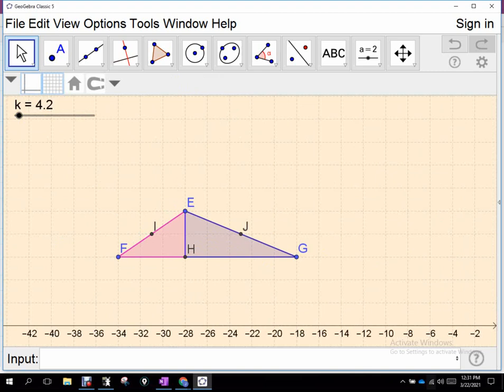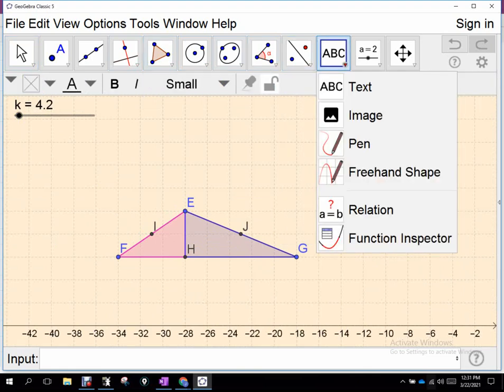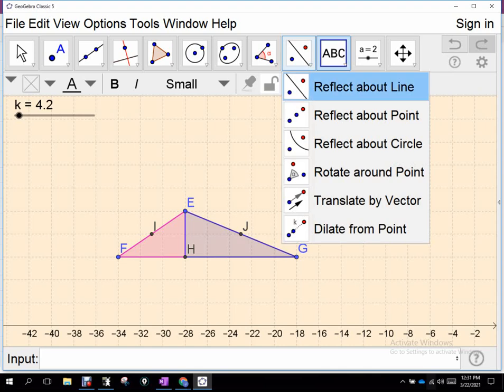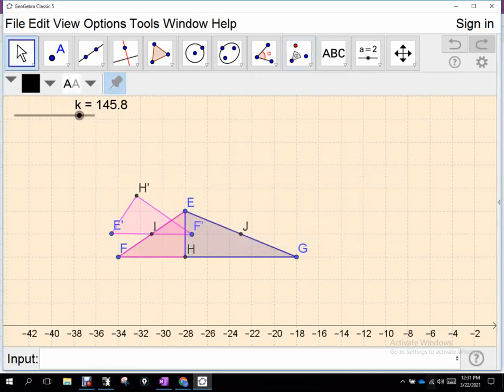Looking at the overall triangle, trying to figure out an area formula or an area relationship for that. If I take this purple or pink one and rotate it around there, does that become that? Does that make sense? Okay.